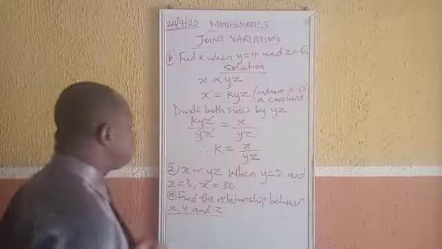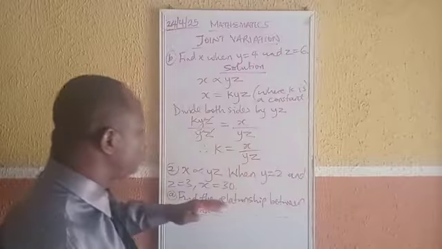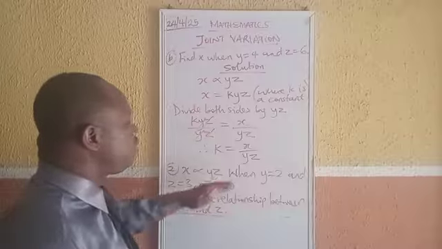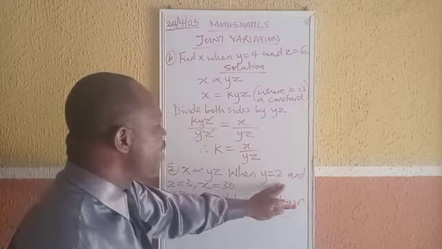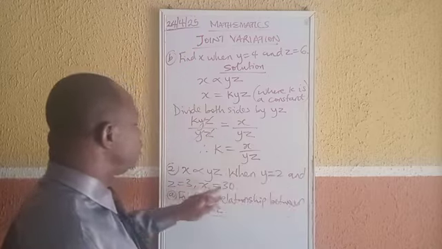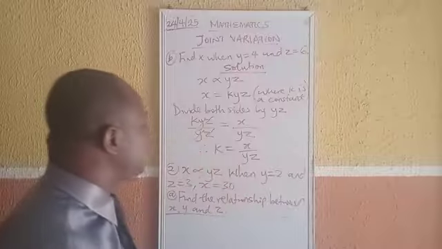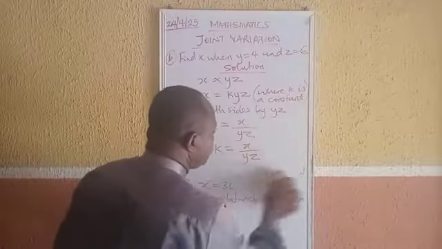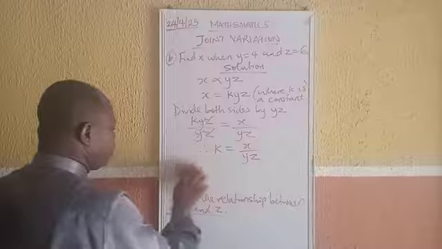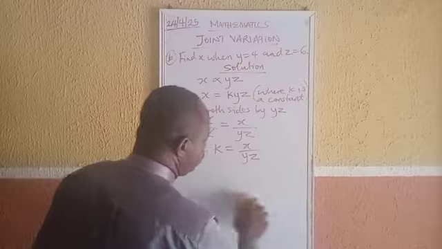Now let's find the value for k using the first set of values where we are given values for the three quantities. We are given y is 2, z is 3, x is 30. The purpose of this is to enable us find k. So let's substitute them into this relationship.